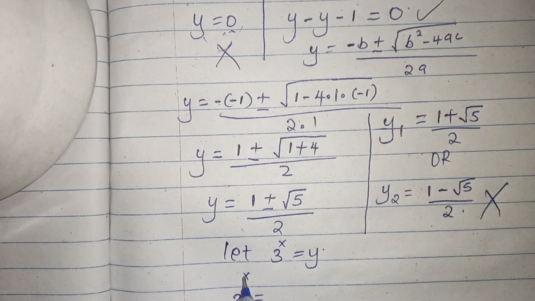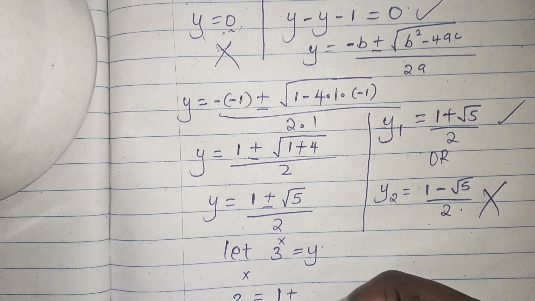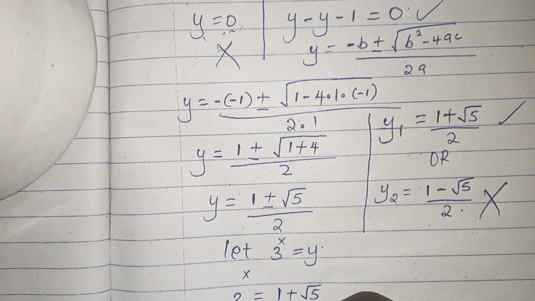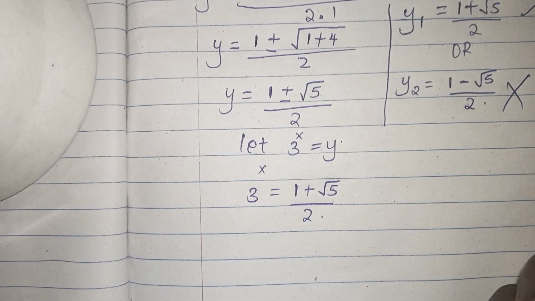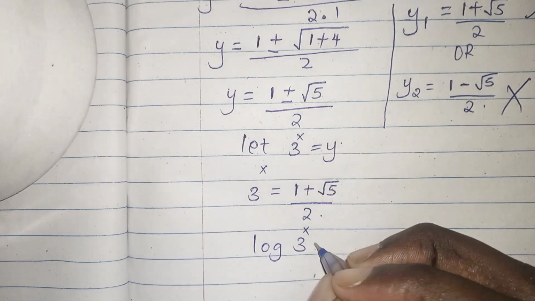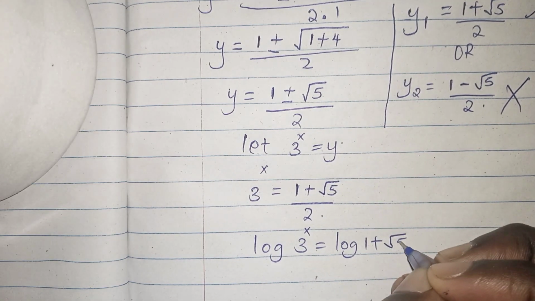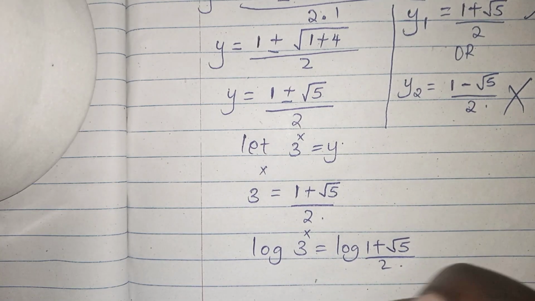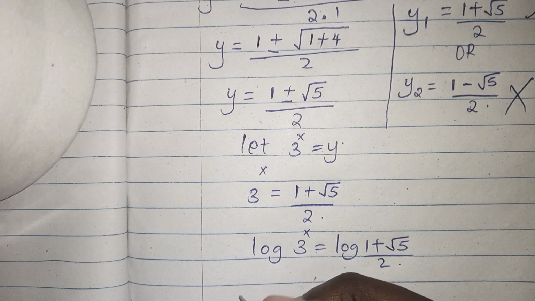So 3 to the power of x, we shall then pick this, which is 1 plus square root 5 over 2. So we are going to introduce logs on both sides. So this is log 3 to the power of x is equal to log of 1 plus root 5 over 2. So using the power rule, we are going to bring this power here before the log.